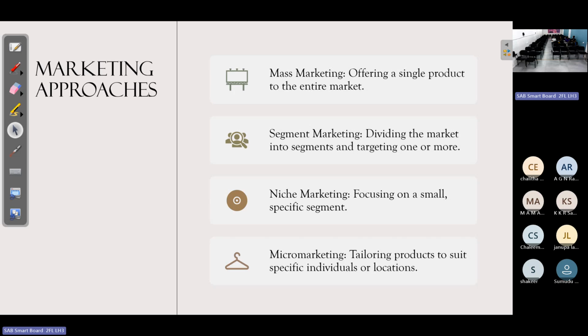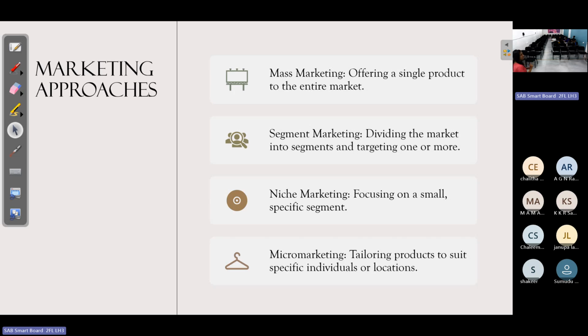Or maybe another example, we only focus on customers who prefer healthy products, or only on elderly people, and we serve them. That's what we call niche marketing. So the meaning is that we focus on a small or specific segment.